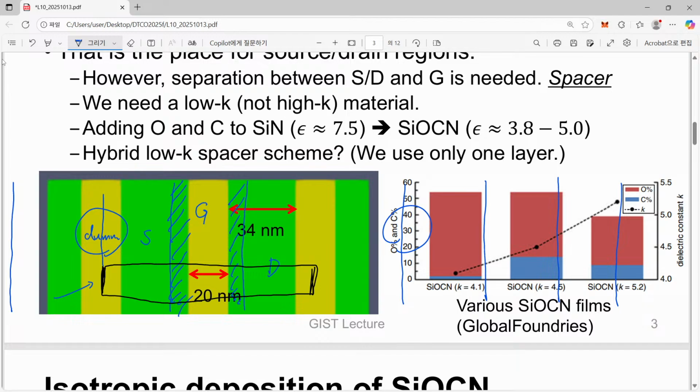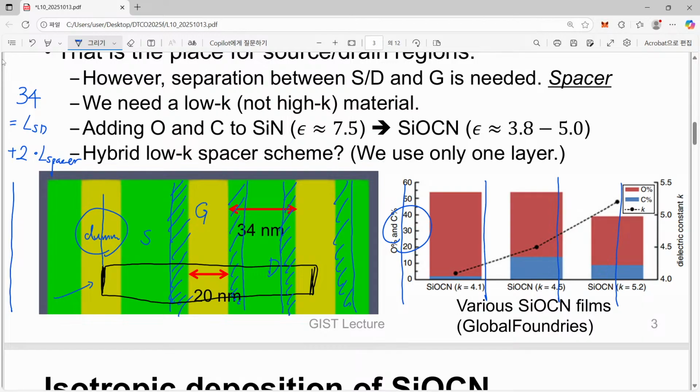It also requires separation, so we will have another spacer from this point and from this point. The reason why I'm talking about this is that we still have 34 nanometer, but that is not entirely reserved for our source drain. That should become a sum of our source drain and also twice our spacer length.